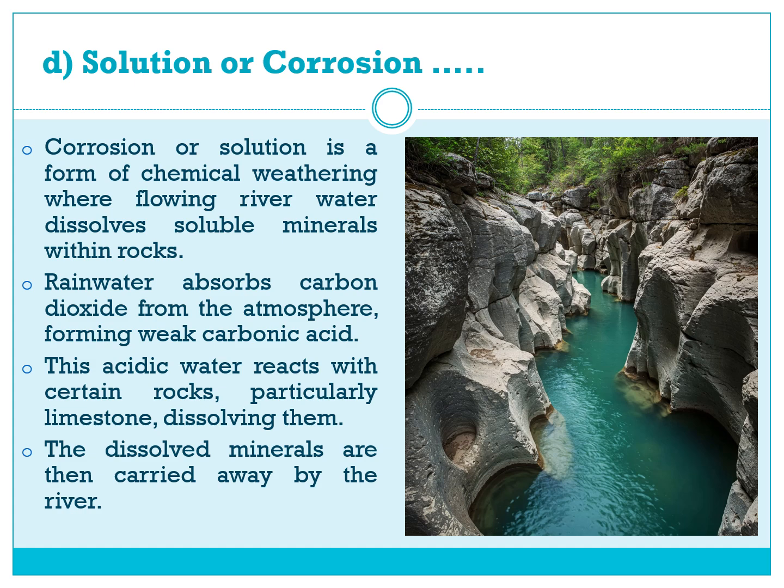These dissolved minerals are then carried away by the river. Solution can create a variety of landforms, including caves and caverns, potholes in riverbeds, swallow holes where rivers disappear underground, and limestone pavements with deep fissures.